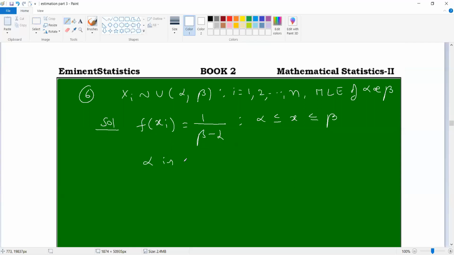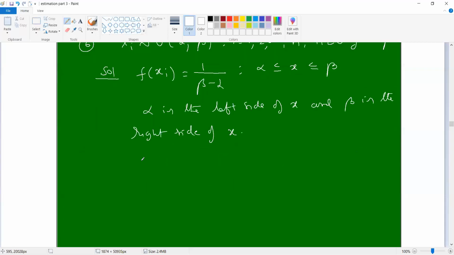Alpha is the left side of x and beta is the right side of x. So now the order statistics: alpha less than or equal to x1 order less than or equal to x2 order less than or equal to, and so on, less than or equal to xn order less than or equal to beta.